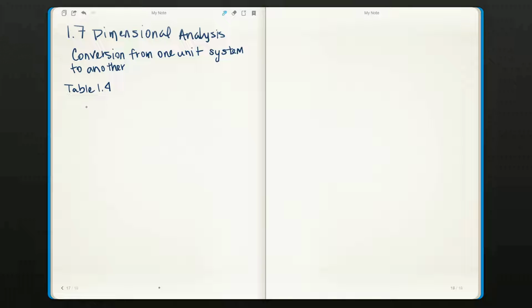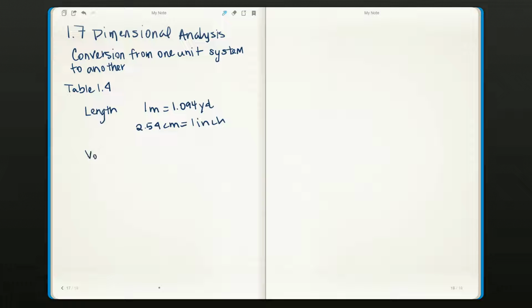So for length, 1 meter equals 1.094 yards. 2.54 centimeters equals 1 inch.